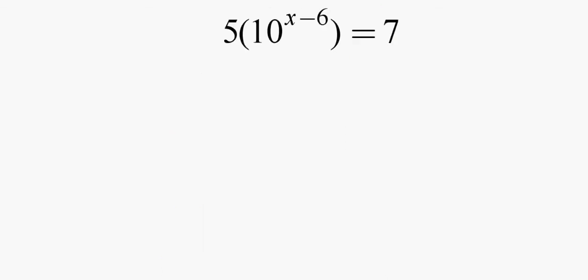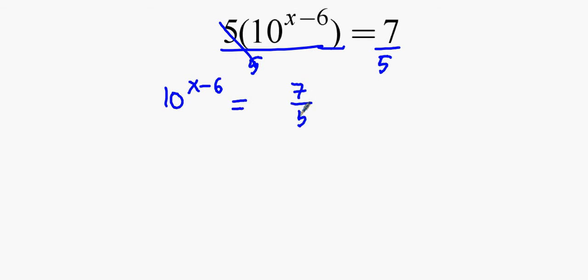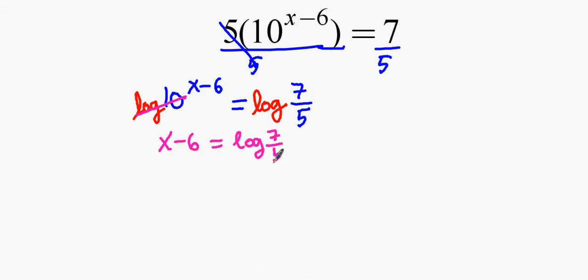Next, again, we have 5 here, so let's divide by 5. So now we have 10 to the power of x minus 6 equals 7/5. Well, we have 10, so let's take a log of both sides. And when we do take log of both sides, log and 10 will cancel, so we have x minus 6 equals log of 7/5.